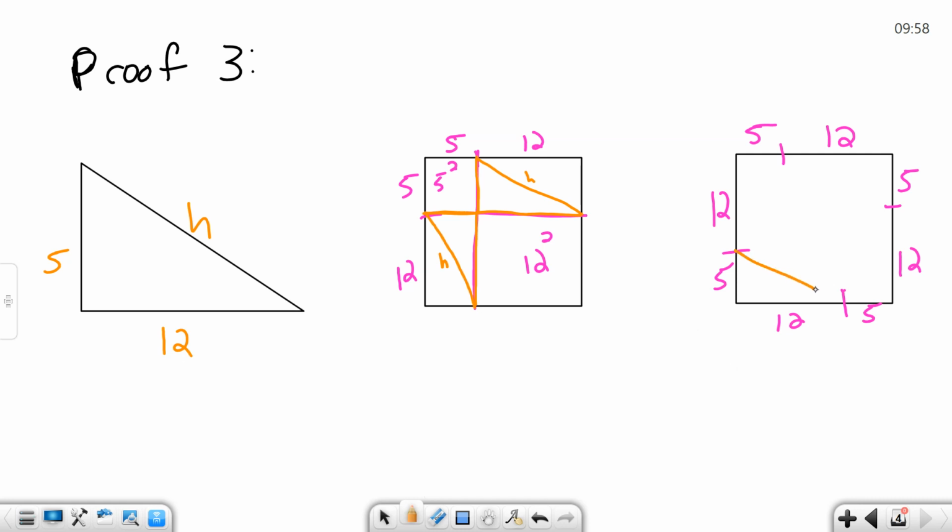Remember, 5 to 12 gives me my hypotenuse. So each of these triangles that I'm making here has this length, even though this isn't a great sketch, of h. So this first one, 5 squared plus 12 squared, is going to be equal to our hypotenuse squared.